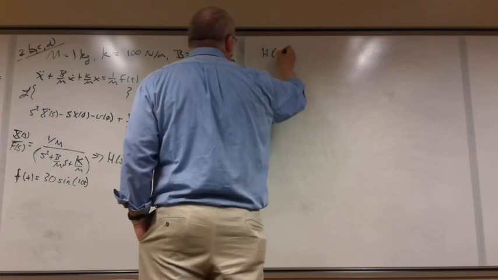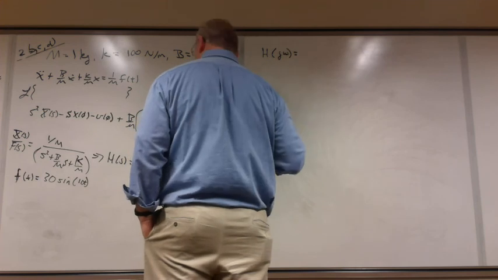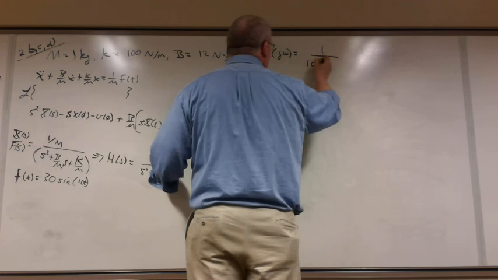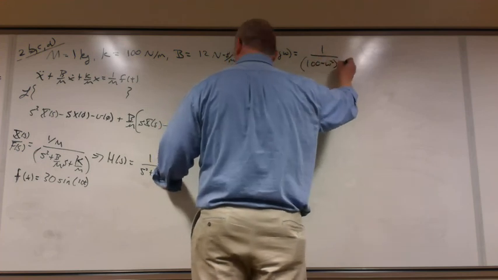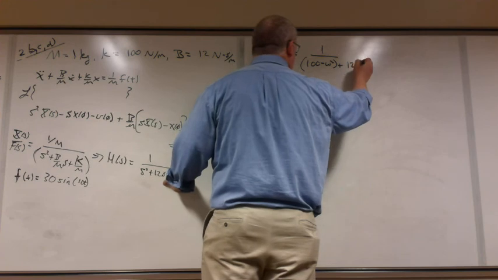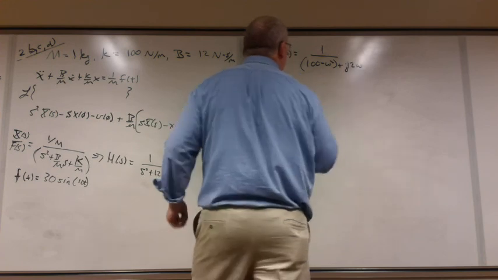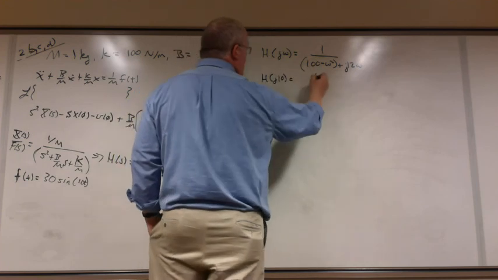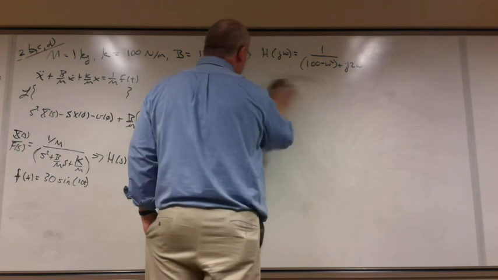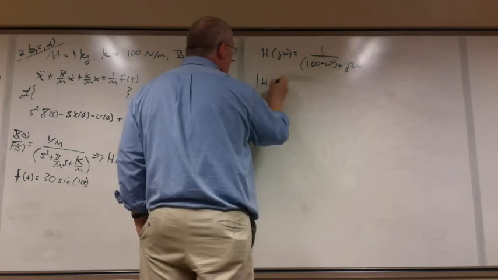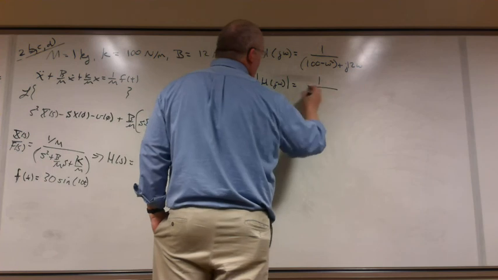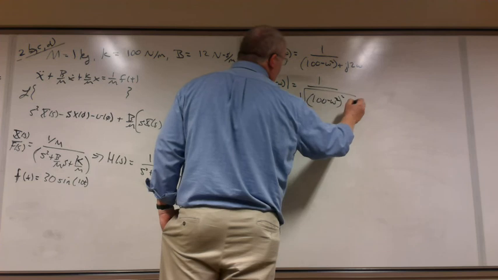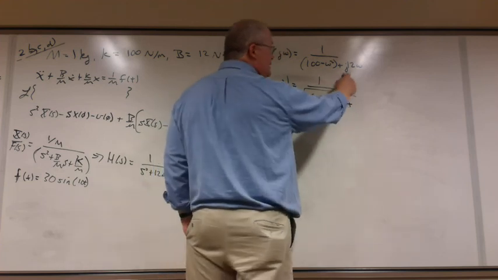But h of j omega is going to be equal to 1 over 100 minus omega squared plus 12 j omega. And so h of j10 is going to be, well, let's not do it that way. Magnitude h of j omega is going to be equal to 1 over the square root of 100 minus omega squared squared plus, again, don't square the j, okay?